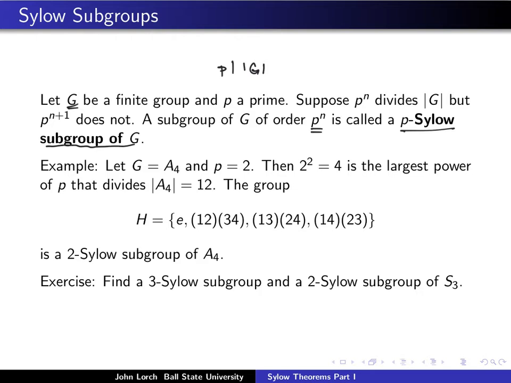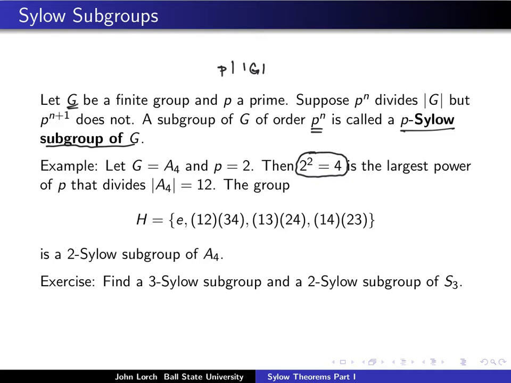So for example, let G be A4, the alternating group A4 that we discussed on the previous slide, and we'll let p be equal to 2. So that's a valid value for p, because remember, the order of A4 is 12, and 2 does divide into 12. And in fact, the largest power of 2 that divides into 12 is 4.